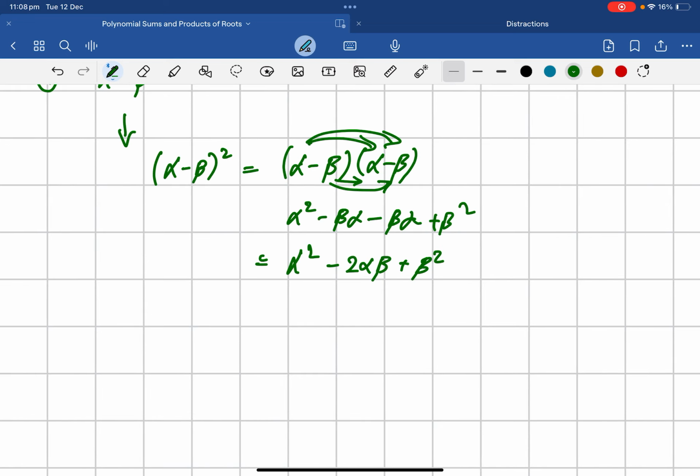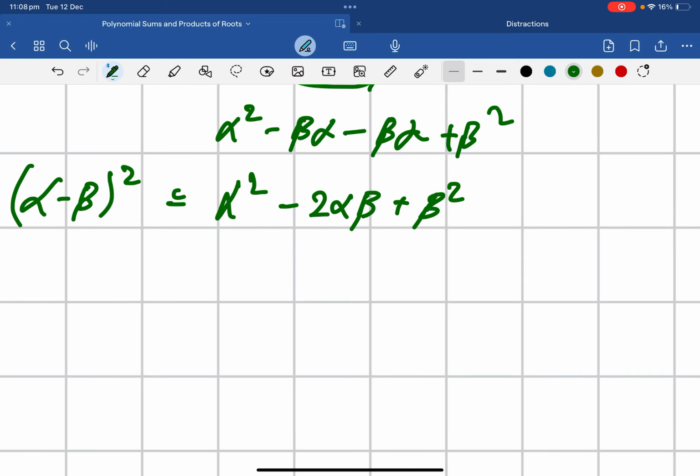Okay, that is what alpha minus beta whole squared does. Now, they didn't ask us for any of this, did they? No. They wanted what is alpha minus beta. So, in other words, they want to know what is alpha minus beta.